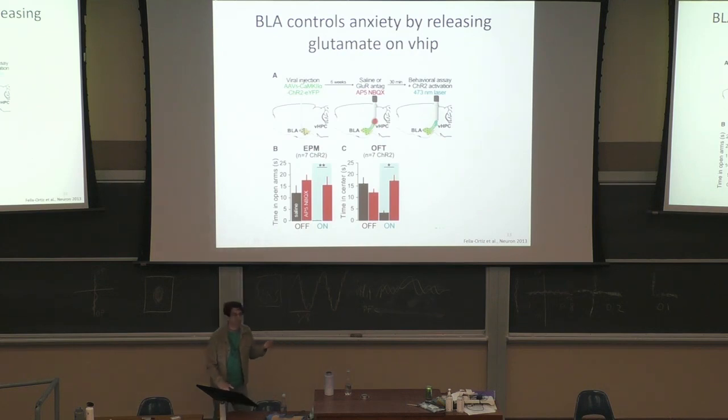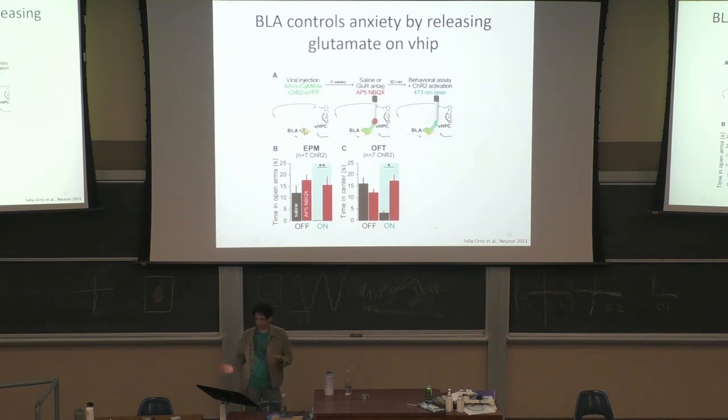Then in this kind of control study, they tried to show that this effect was happening because the basolateral amygdala was releasing glutamate onto the ventral hippocampus. The idea was that we're optogenetically exciting the basolateral amygdala input to ventral hippocampus, the basolateral amygdala releases glutamate in the ventral hippocampus, and that glutamate is causing this increased anxiety.